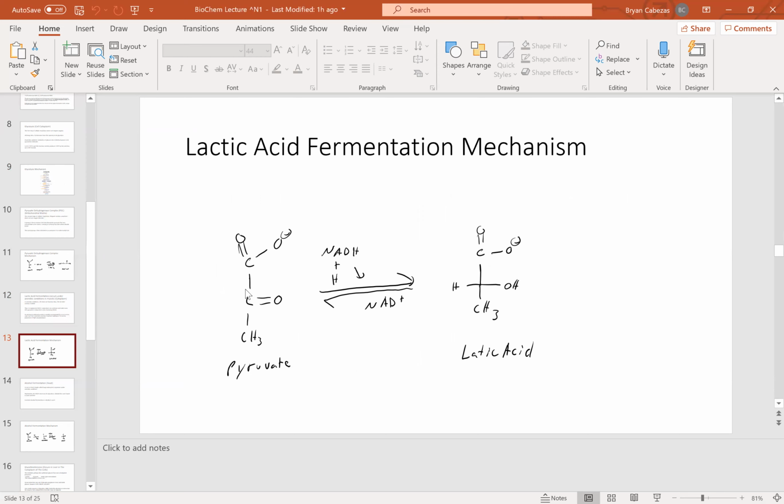So we're going to give those hydrogens, or give the electrons. Remember, reduction is giving the hydrogens or giving the electrons, or reducing bonds to oxygen. So in this case, we're going to be donating hydrogens to our pyruvate. The hydrogens are going to go to this carbonyl group right here, and it's going to reduce it to the OH group, forming lactic acid.